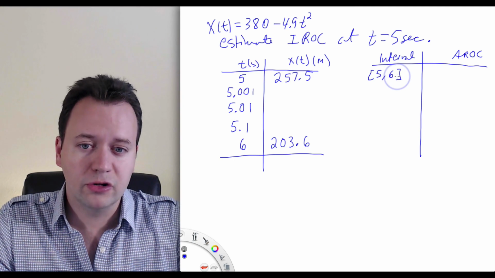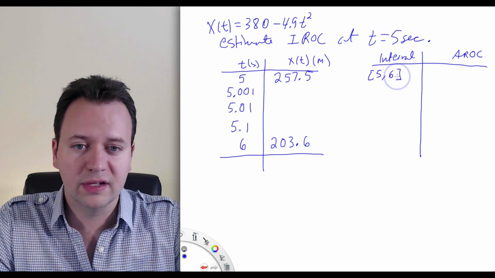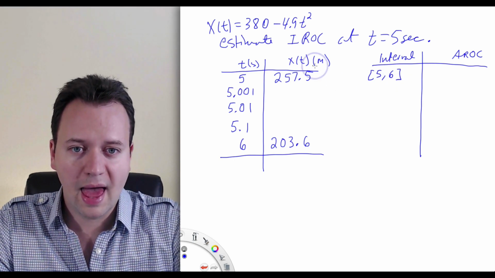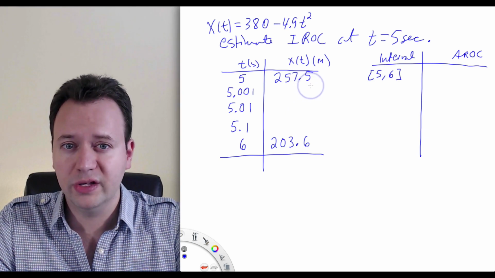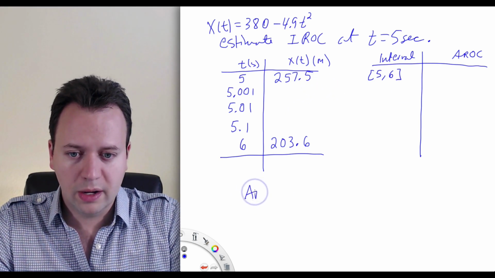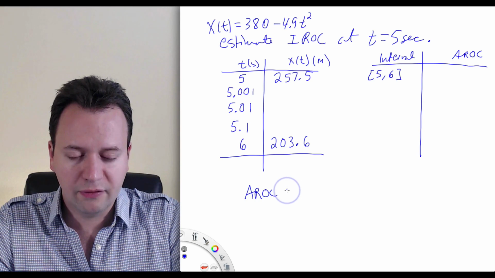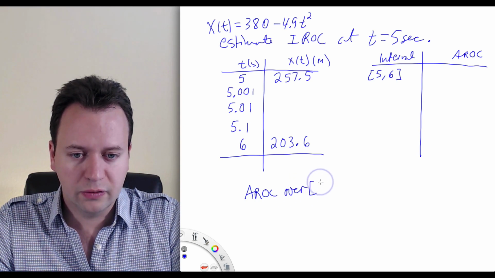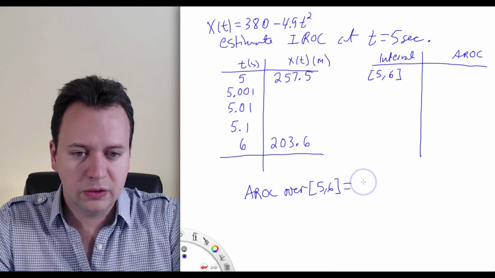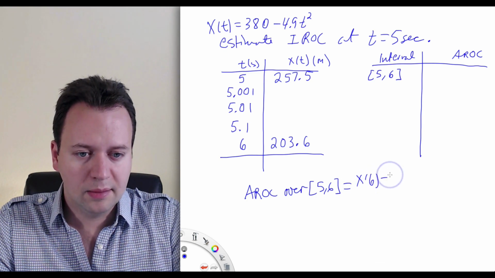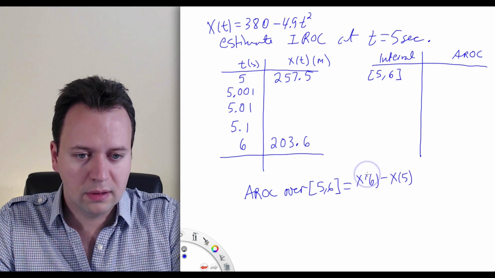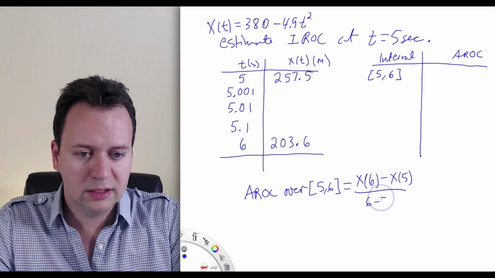So here the average rate of change over the interval from 5 to 6 will be the difference in the outputs divided by the difference in the inputs. So just to do one explicitly, the average rate of change over the interval from 5 to 6 is going to equal x of 6 minus x of 5 divided by 6 minus 5.